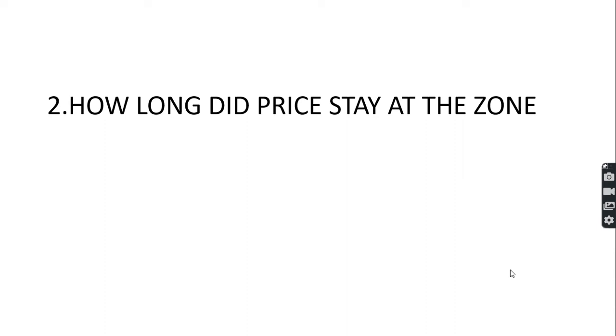Very important, when you're starting to learn to trade supply and demand, make sure you score yourself. Make sure you only trade from a zone that gives you a score of at least 8 and above. 8 out of 10 is good enough, or you can just concentrate on 10 out of 10.